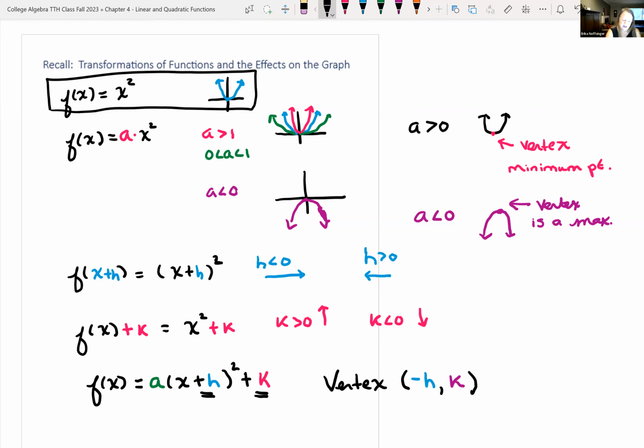If I drew a vertical line through h, k, our graph is symmetrical across that line. So that is our axis of symmetry.